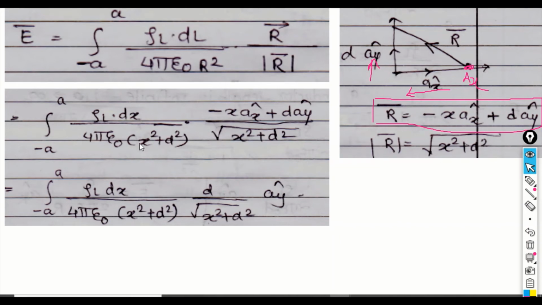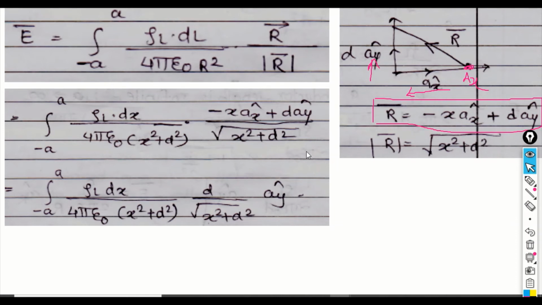So making the square, you will get only x square plus d square. Now the unit vector you have written as minus x ax cap plus d ay cap upon its magnitude, so it will be under root x square plus d square.